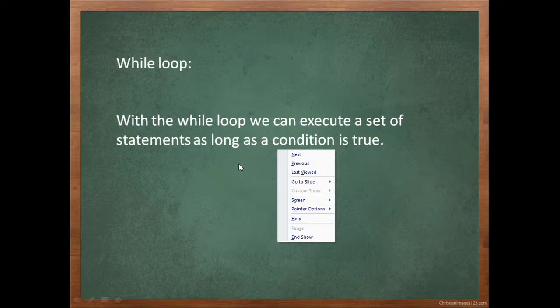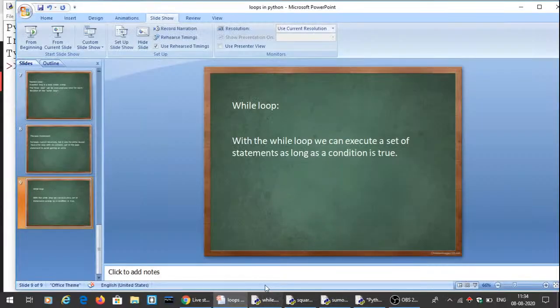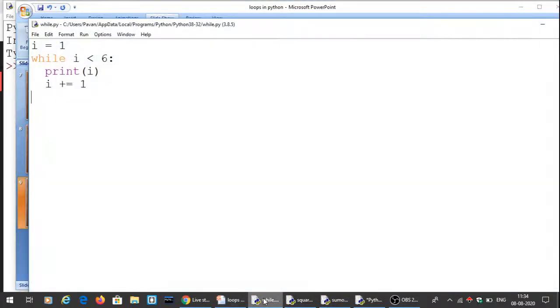It will execute a number of times. Whenever the condition we have written in the while loop is not satisfied, it will stop executing the code inside the while loop. So let's see an example.